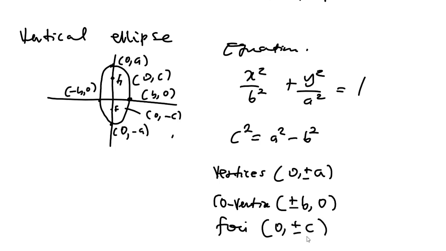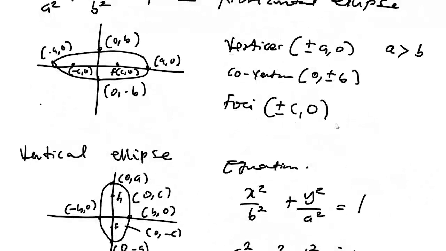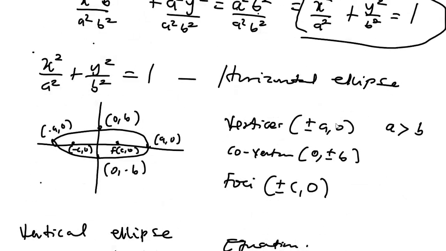C, because it lies on the y axis, and that is that. So when it's given in this form, note that A is greater than B, so we should consider that one too.